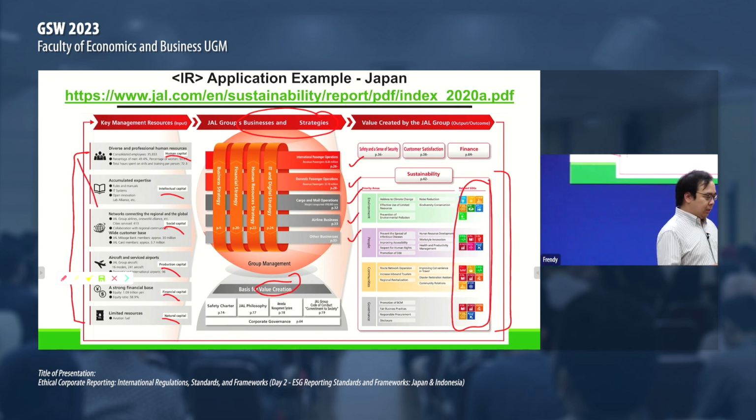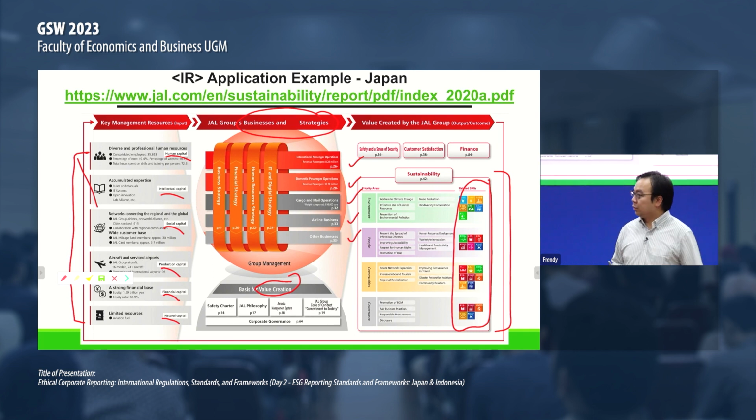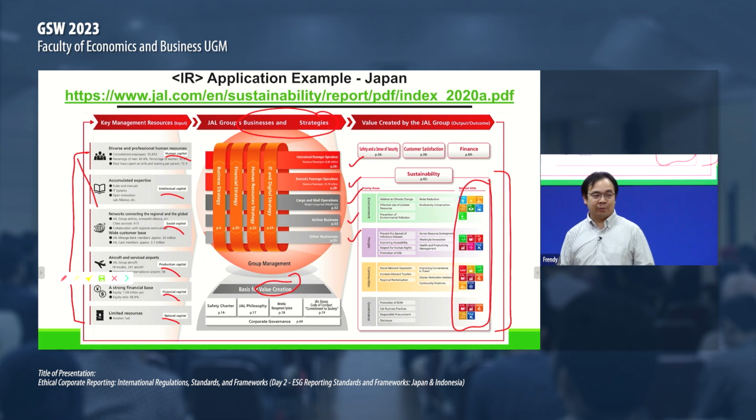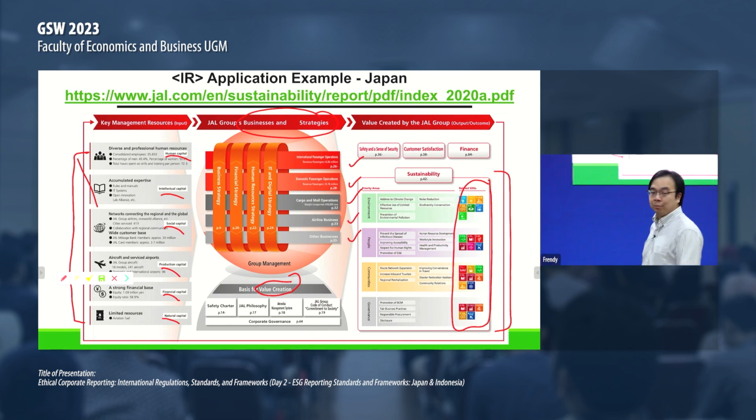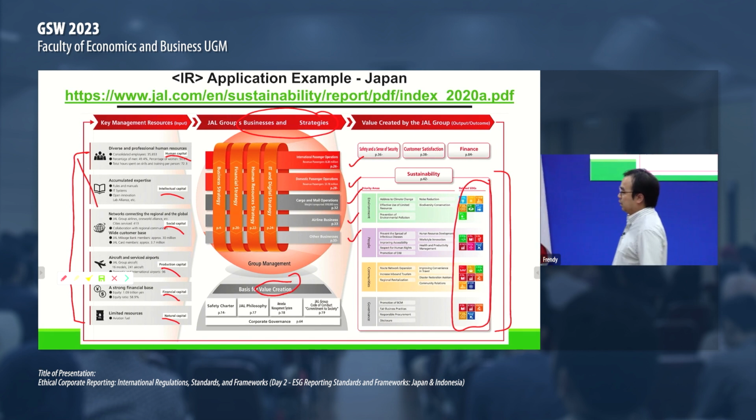If you notice, this report was published in 2020. So a lot of major companies have applied this sustainability reporting for quite some time. And if you look beyond just the annual report, you are going to start to see this kind of information being presented by the companies.